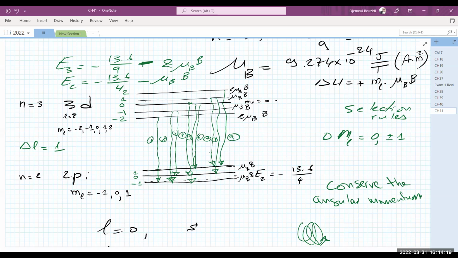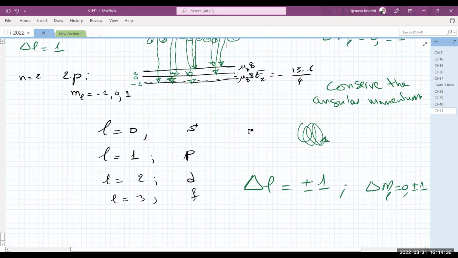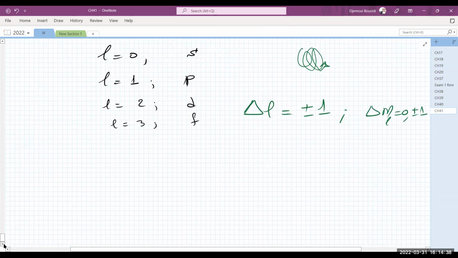Okay, there are some that have been rejected by the selection rules, but the ones that are accepted break down at the end into 3 different values, because you are only shifting by a certain value. At the end of the day, you're either adding a mu b, or subtracting mu b, or canceling the mu b altogether. So the actual spectral line before the magnetic field is only 1 line on the spectrum. Now it should look like 3 lines on the spectrum.